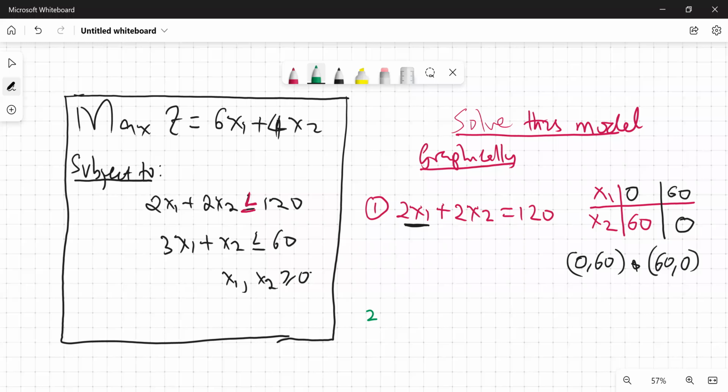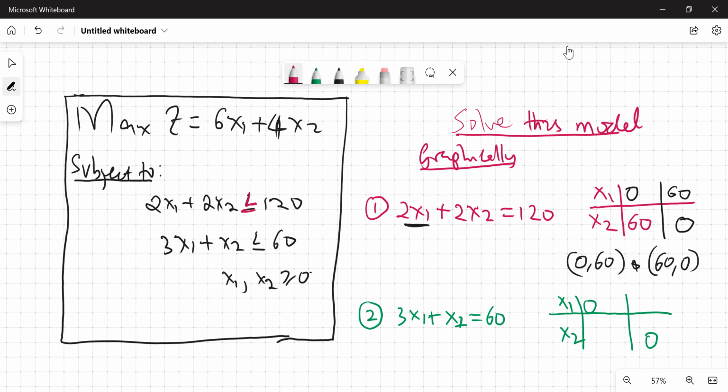The second constraint, once you relax the inequality, becomes 3x1 plus x2 is equal to 60. So where is the line passing? It is very convenient to use 0, but you can use any other points, like 1 or 10, whichever way.